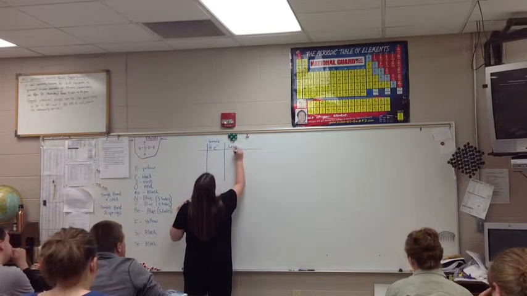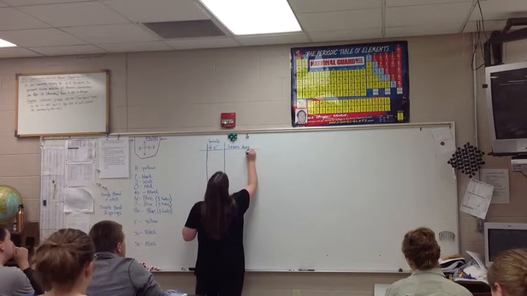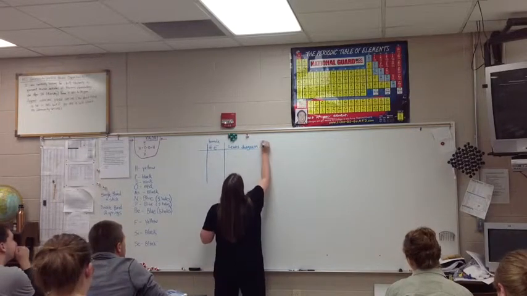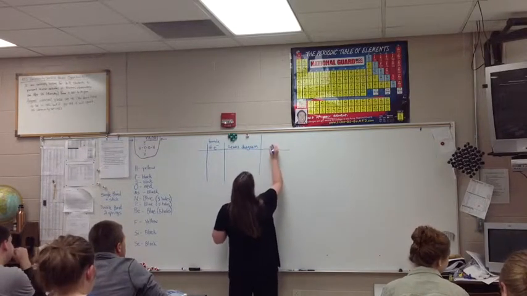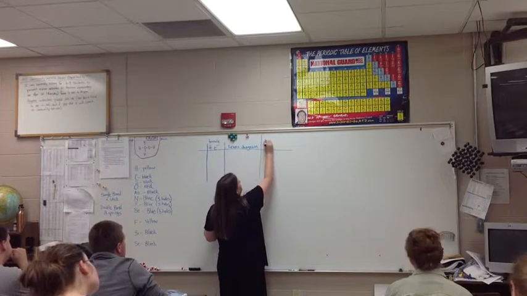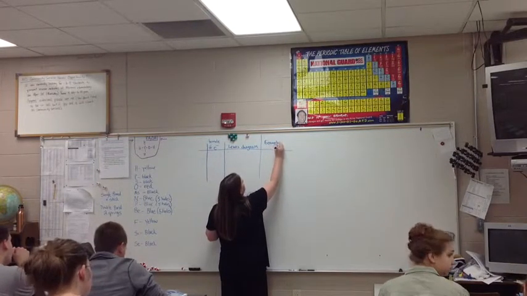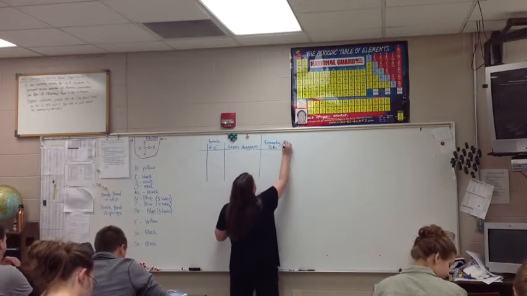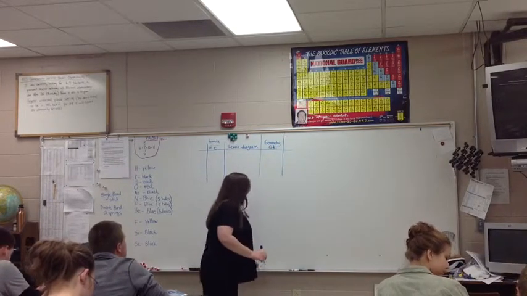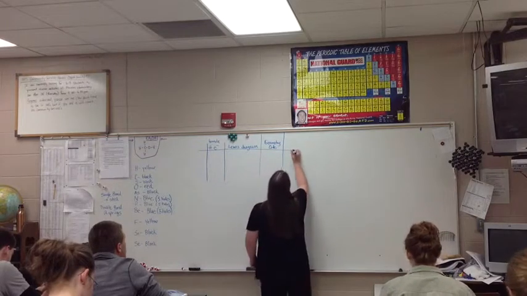Then we have the Lewis diagram. Then we have the type of molecule. And what I told you to do for that was to write the geometry code. For those of you that were gone yesterday, I'll review again what that means.